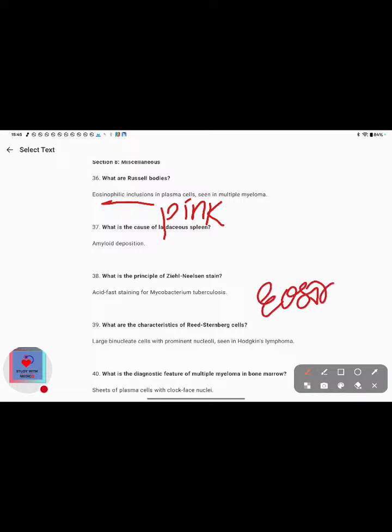Eosinophilic means pink color, because the word eosinophilic comes from eosin, which is pink color. So pink inclusions are seen in plasma cells.